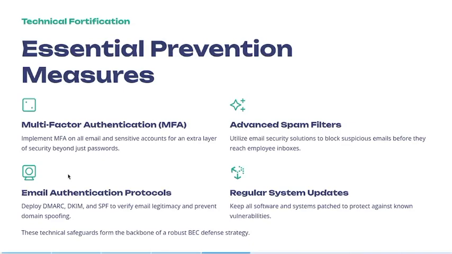Advanced spam filter. Utilize an email security solution to block suspicious emails before they reach employee inboxes. Email authentication protocols. Deploy DMARC, DKIM, and SPF to verify email legitimacy and prevent domain spoofing. These techniques are the backbone of a robust BEC defense strategy.